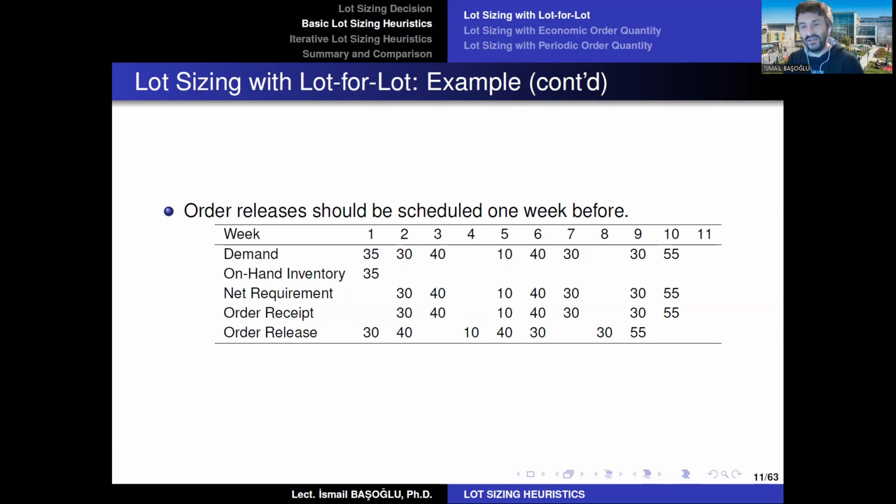So in this plan, we do not carry any inventory to the next period, starting from the second period until the last period. And that means we do not carry any inventory to the next planning horizon, which starts in the end of the 10th week. And the next planning horizon, maybe it is going to be a 10 weeks plan or 20 weeks plan. We do not know. So here we do not pay any inventory carrying cost.